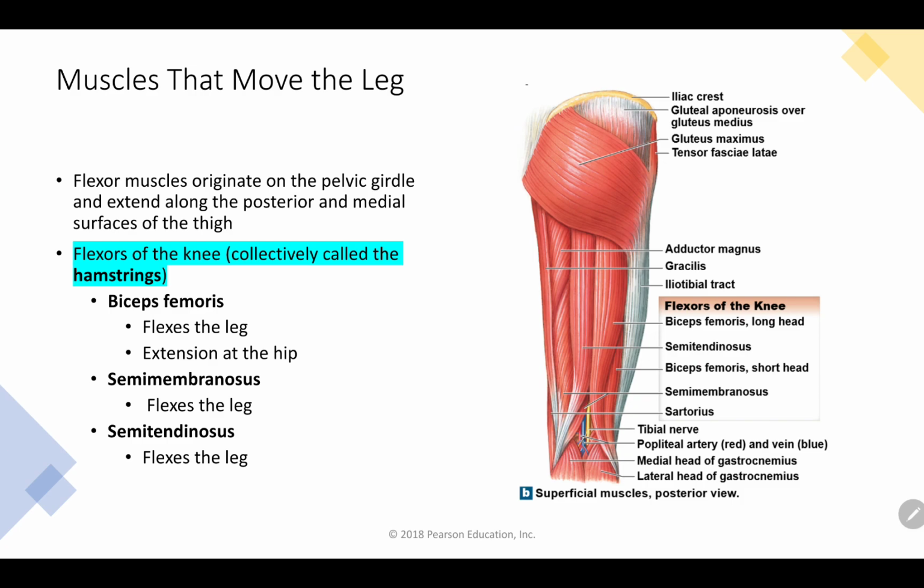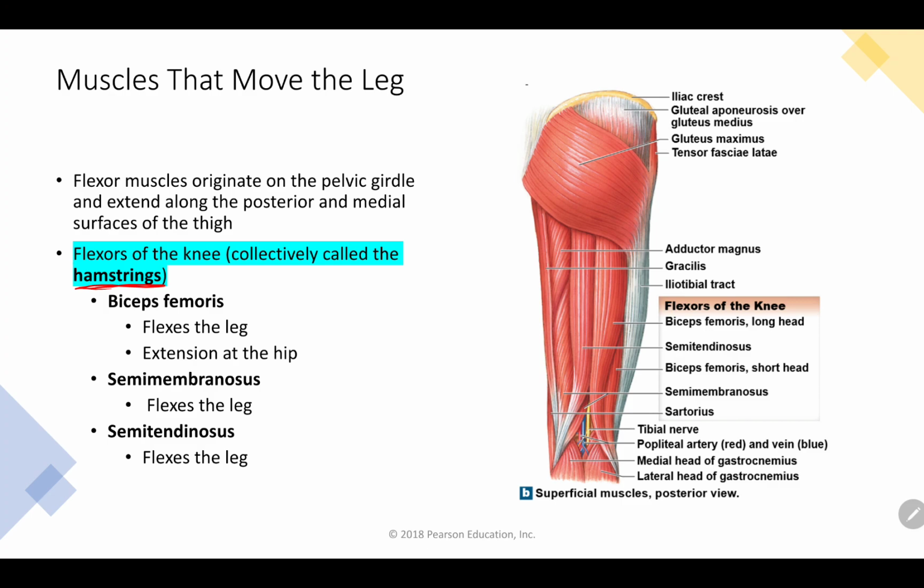So you had extensors of the knee, and now you're looking at flexors of the knee. These flexors that will help to flex your leg at the knee are your hamstrings. These are going to be on the posterior side of your leg, the back of your thigh, I should say. So these muscles are going to help to flex the knee, and these are your hamstring muscles.